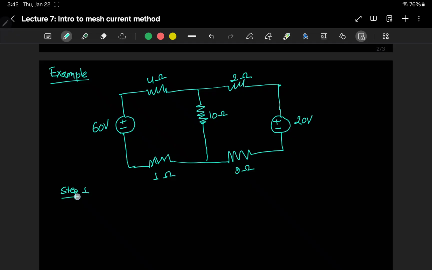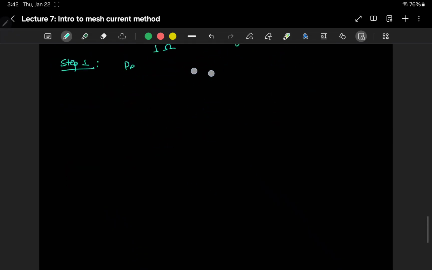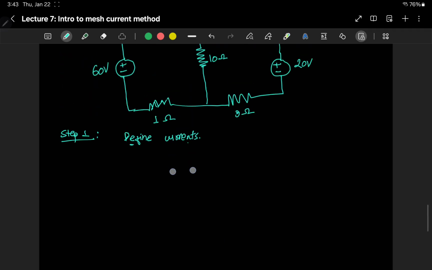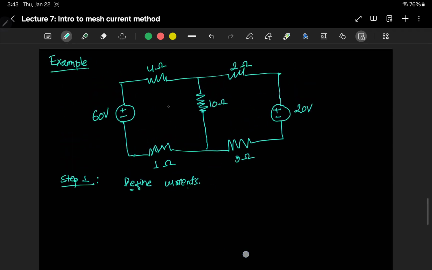Now the first step was defining the currents. Here, because we have just two meshes, we can simply say this is I1 mesh current, and this is the I2 mesh current.